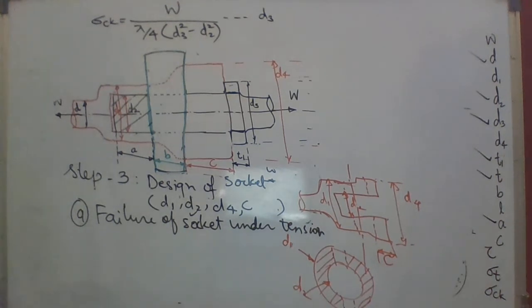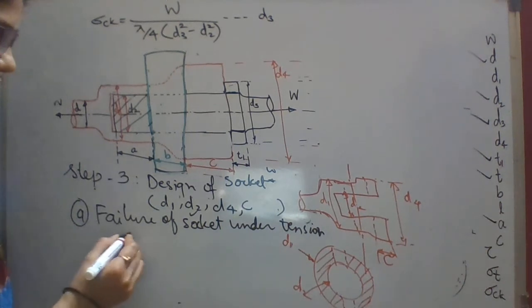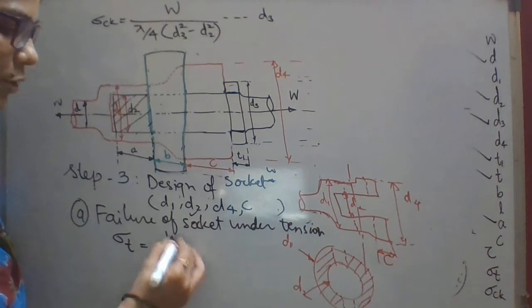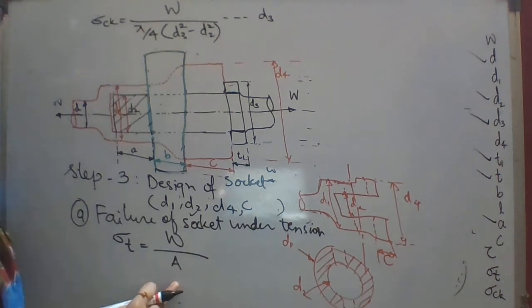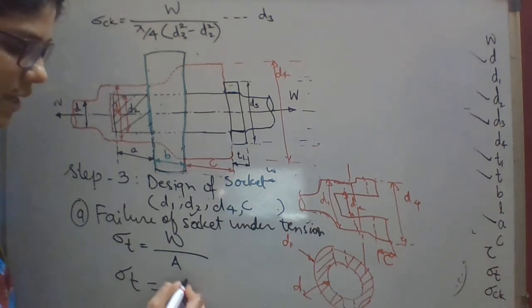So I'll write down the failure of socket under tension. Sigma T is equal to W upon the minimum area of the socket which is under tension. How much will be this area?